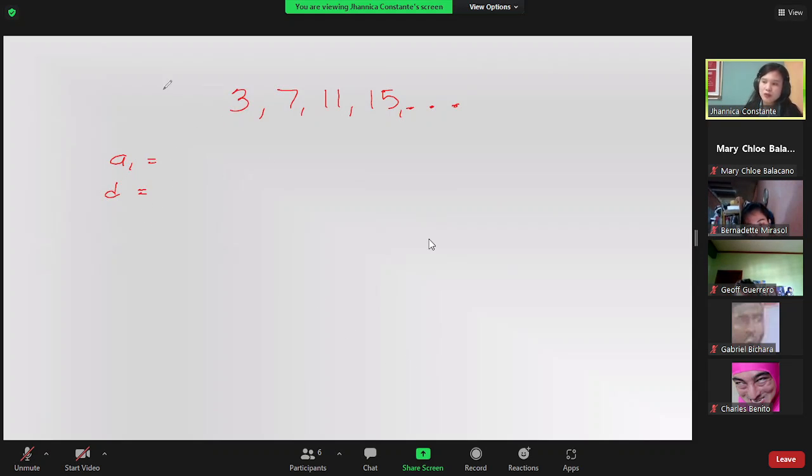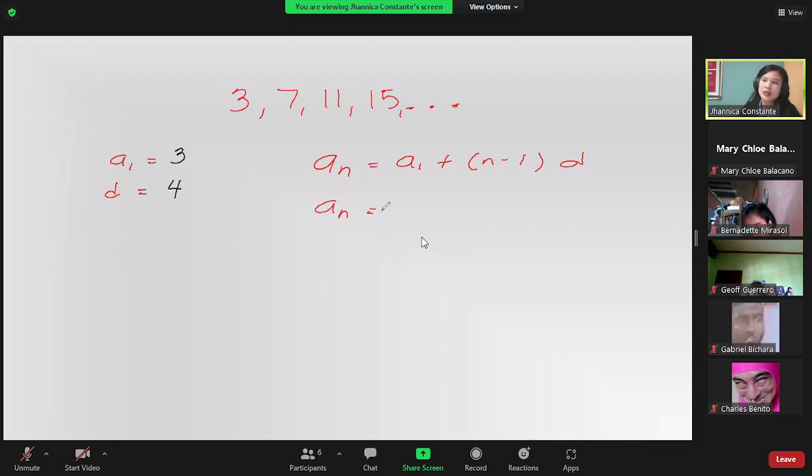The first term of our sequence is 3, and the common difference is 4. So since we have these two important values that we will be needing to write the equation, we can now proceed to solve for the equation of our arithmetic sequence using the formula an equals the first term plus n minus 1 times d.